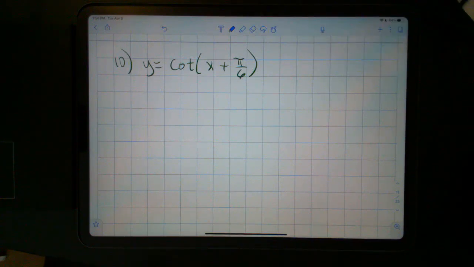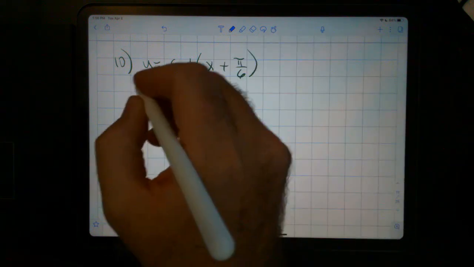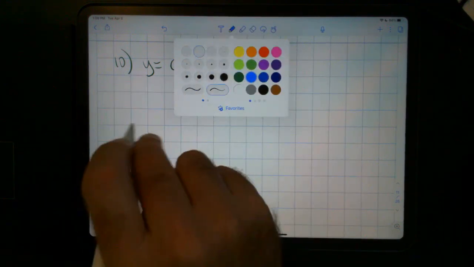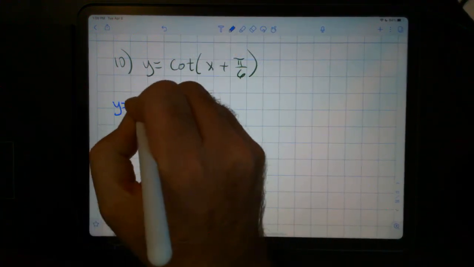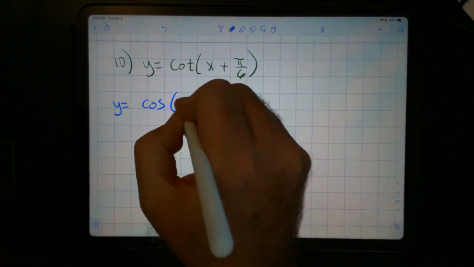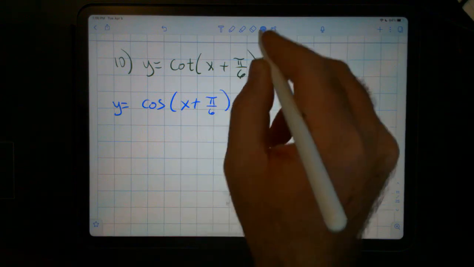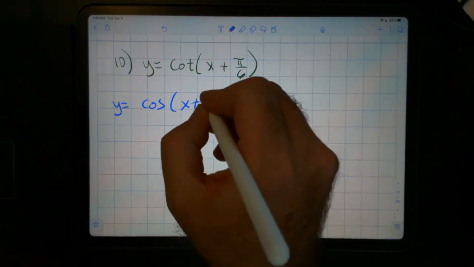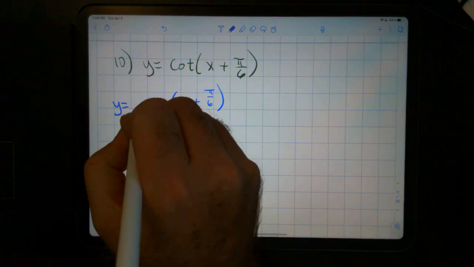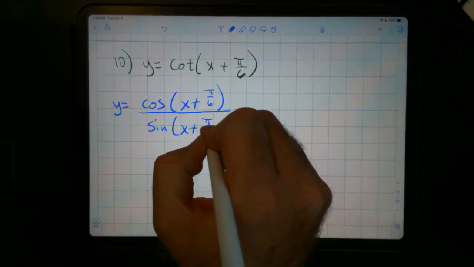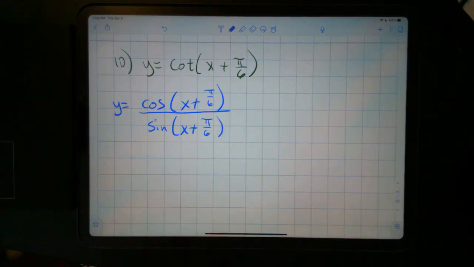Hello. So here we're going to graph y equals cotangent of x plus pi over 6. This is the same thing as cosine of x plus pi over 6 over sine of x plus pi over 6, because cotangent is cosine over sine.